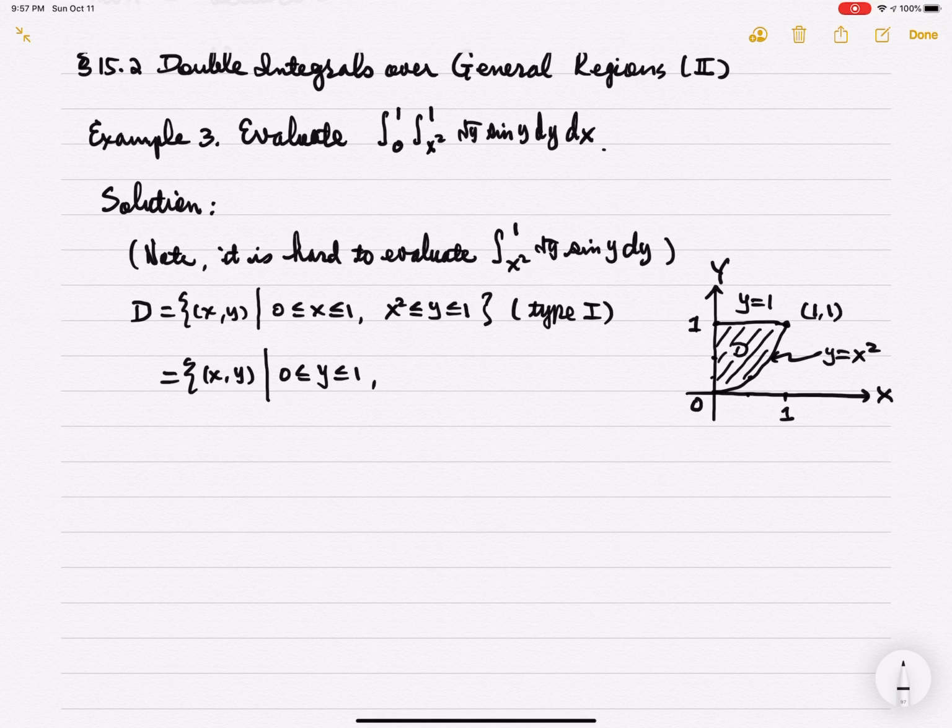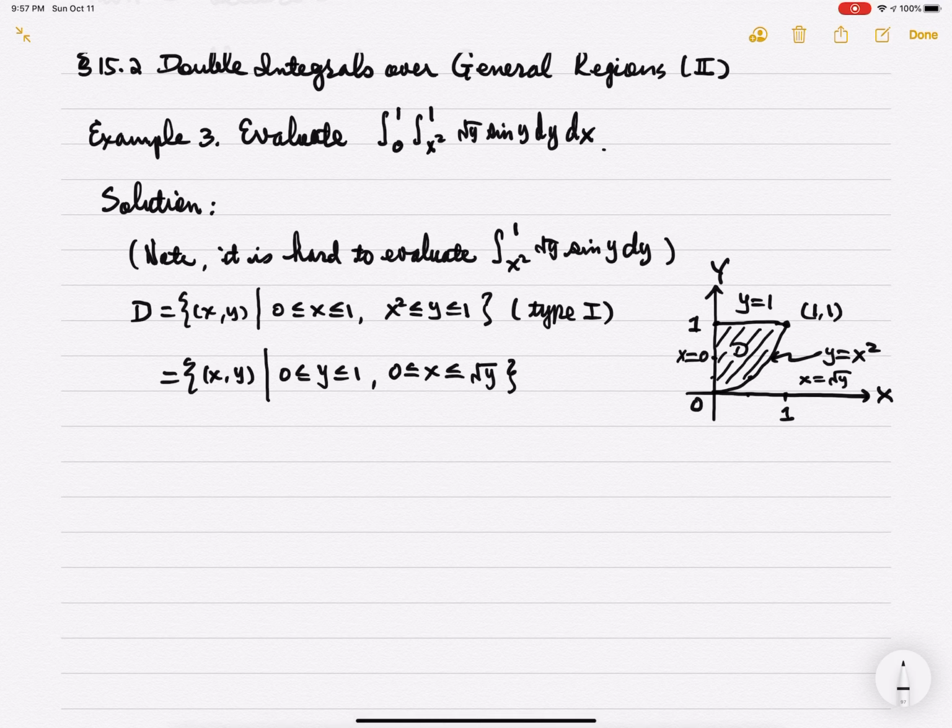x starts from 0, which is the y-axis, and then changes to this curve. If you solve for x, x equals root y. So x changes from 0 to the square root of y. So it's like this.